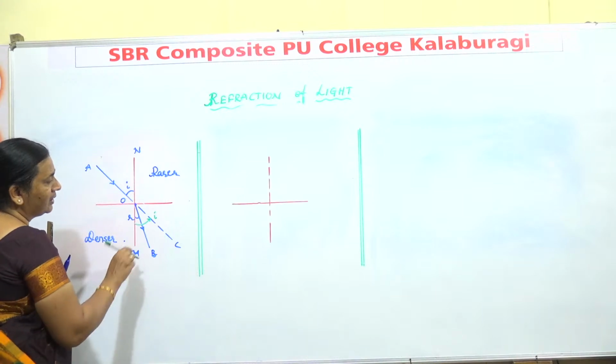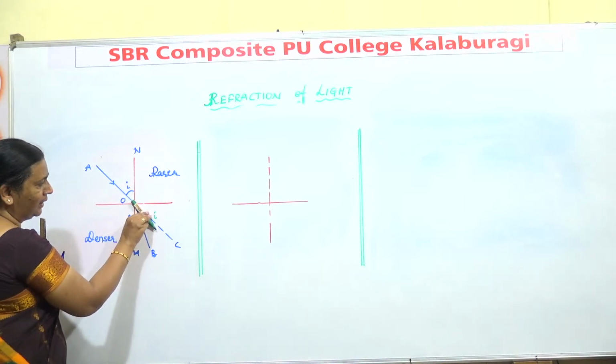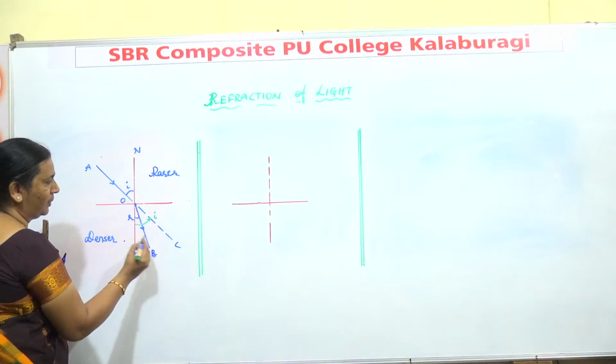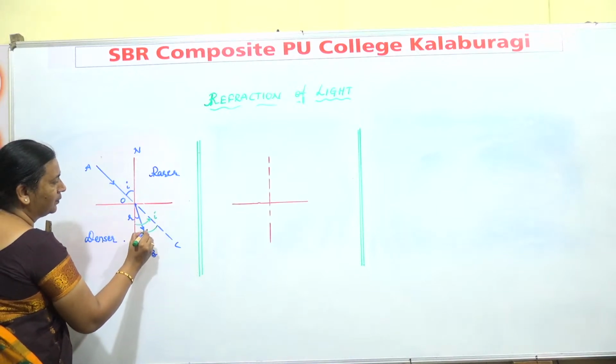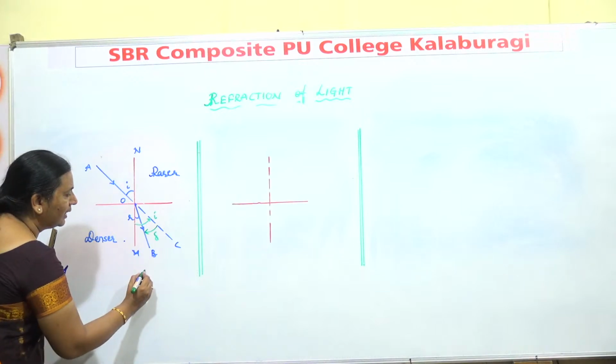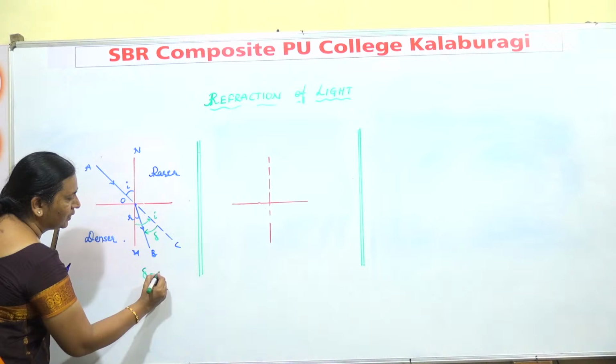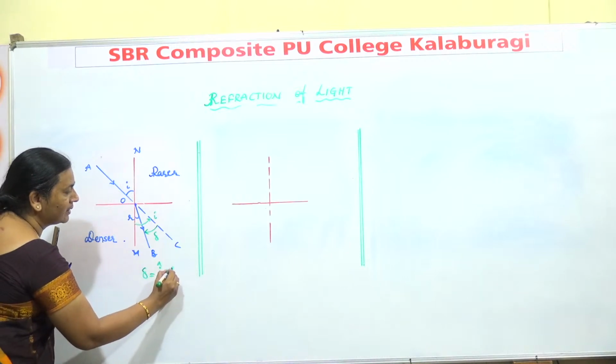Then how much the light got deviated, children? The light would have traveled like this, and now the light got deviated by this much path. So this becomes your deviation in this case, and we can write deviation as I minus R.